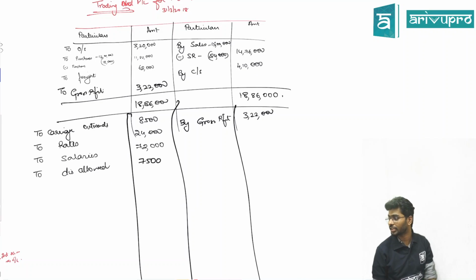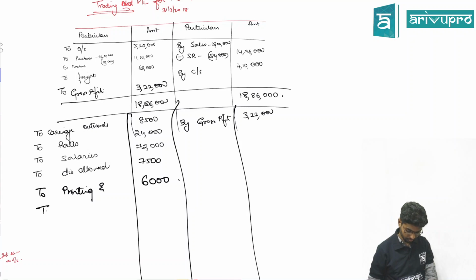Hey, drawings, where does it come in? So first mistake. Next one. Then how much?